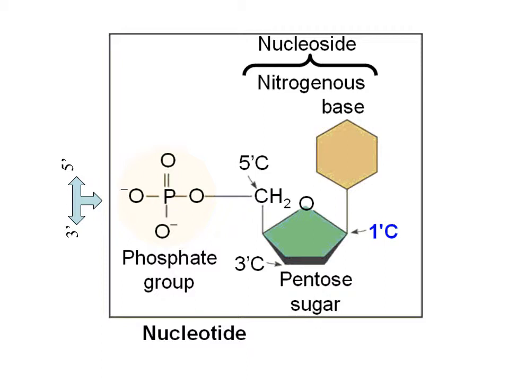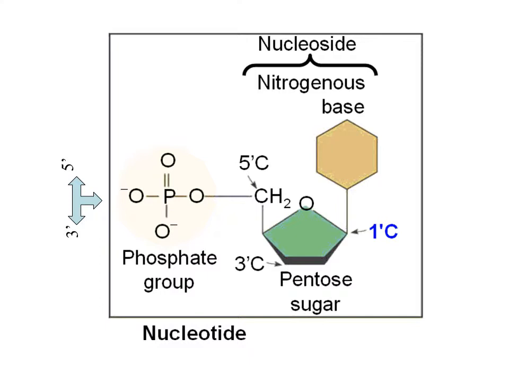The sugar is that 5-sided structure called a pentagon or a pentose. We labeled it carbon 1, carbon 2, carbon 3, carbon 4, carbon 5. Notice that carbon 3 is facing the bottom of the screen, whereas carbon 5 is facing the top of the screen.